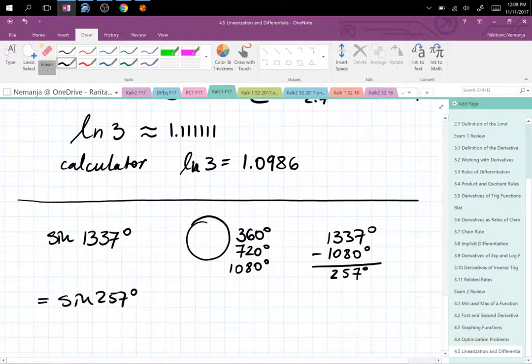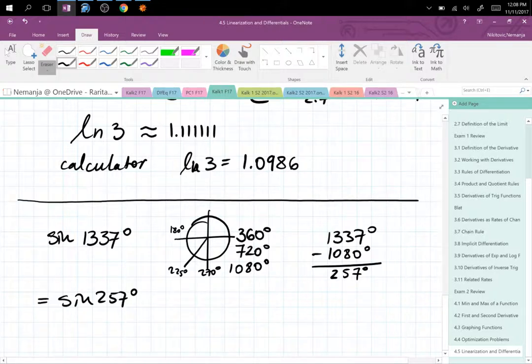Now on the unit circle, this is 180 degrees, and this is 270 degrees. The one in the middle is 225 degrees.